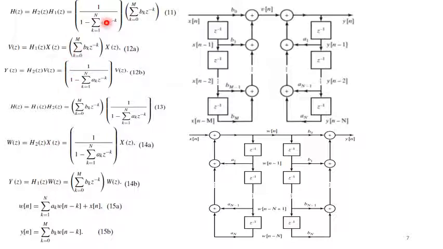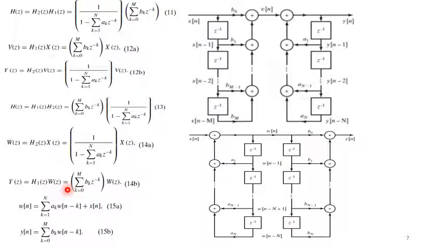This is your H2(z), which are the poles. Multiplying it by X(z), we get W(z), and then we multiply W(z) with H1(z) and get the output. You understand that in both cases it results in the same output because the systems are LTI.